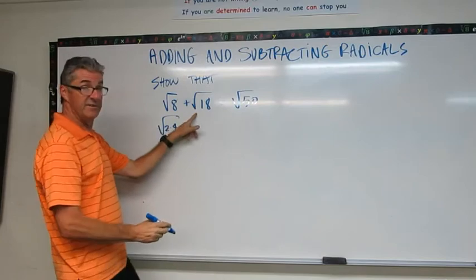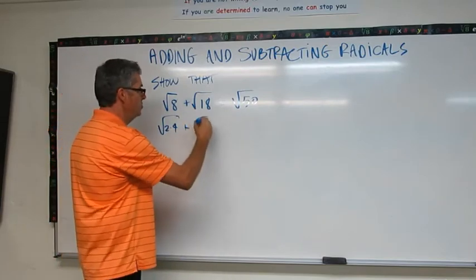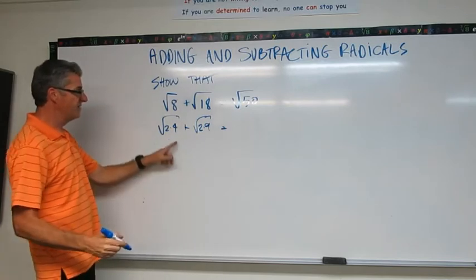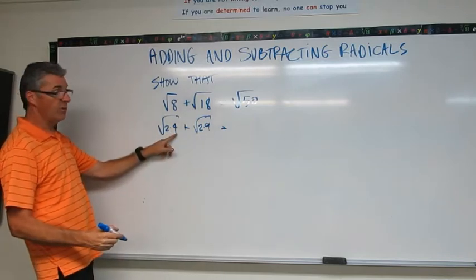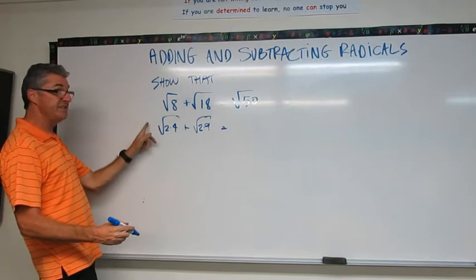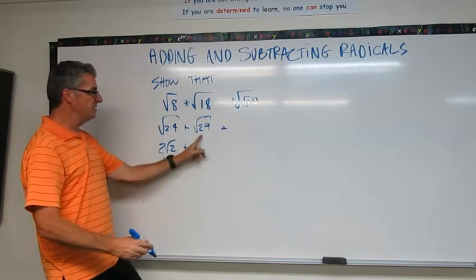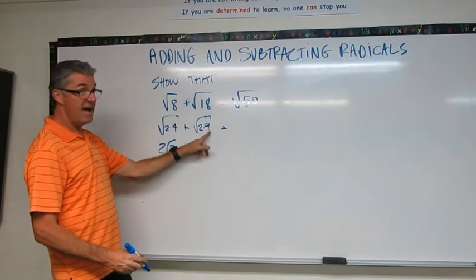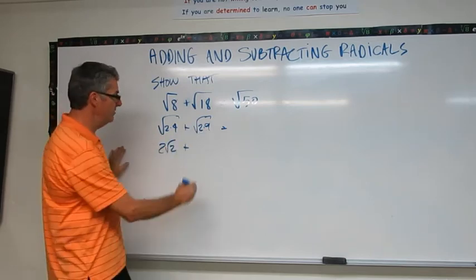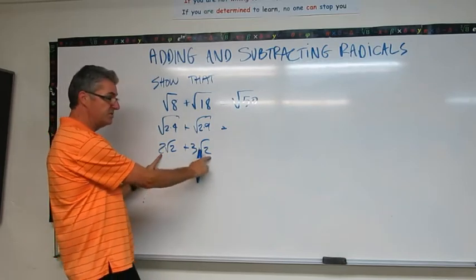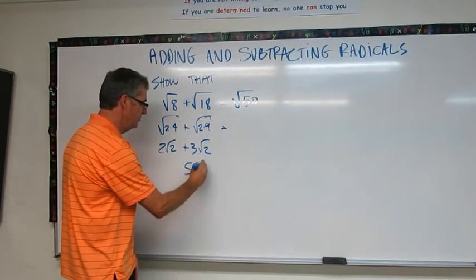Root 18 is going to be root 2 times 9. I'm just going to keep working this side first. 2 times 4, 4 is our perfect square, comes out as its square root. I'm going to have 2 root 2. This is a similar thing. 9 is a perfect square, comes out as its square root. I'm going to get 3 root 2. This is going to be 2 root 2 plus 3 root 2, which is 5 root 2.